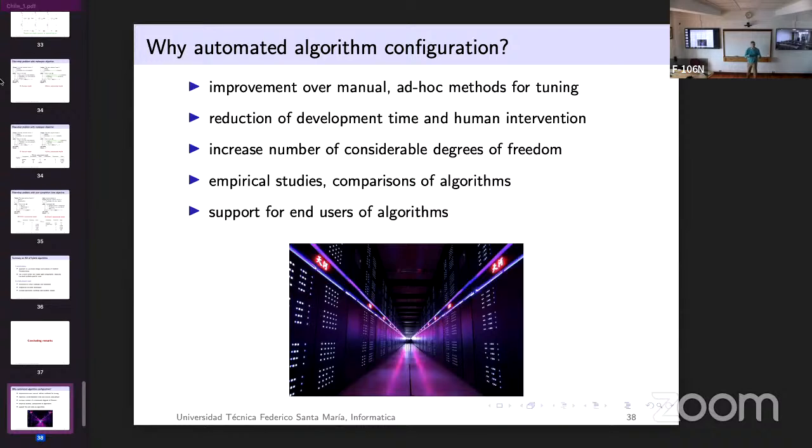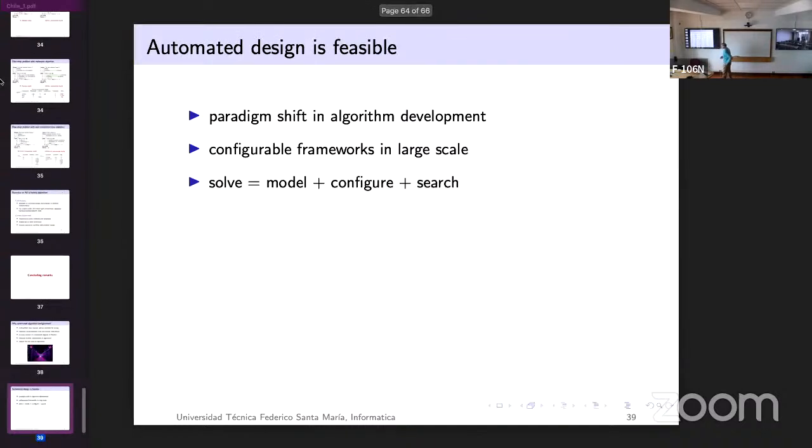So Leslie has 9 cores in this. Its automatic design is feasible. So we have a paradigm shift in algorithmic development. And I would say in algorithm development, in 10 or 20 years, I would think that everybody uses automatic tools.